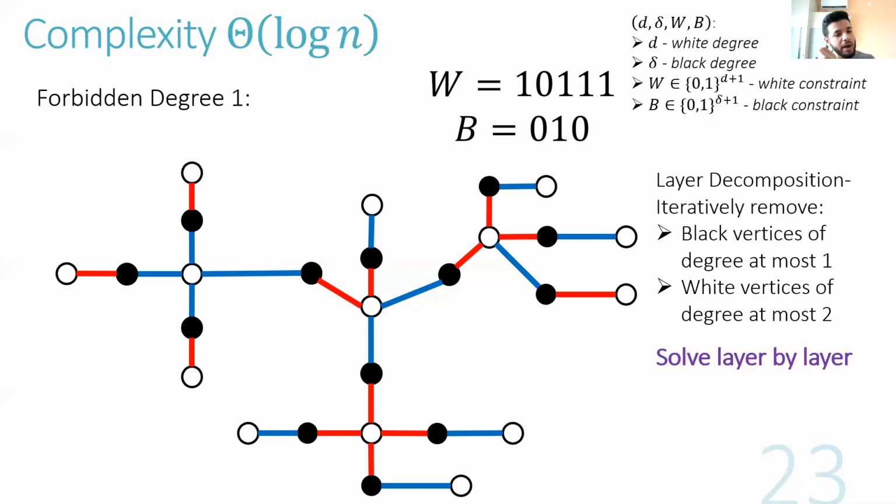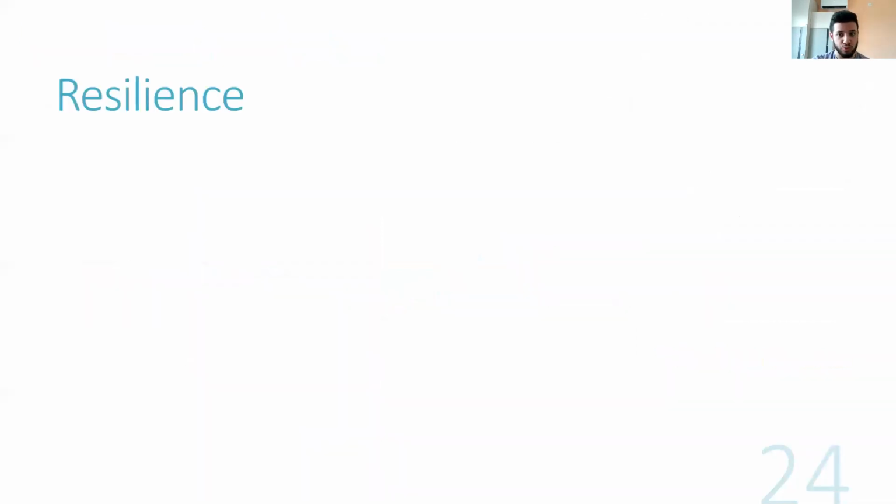And what I mentioned here is the ability of white or black nodes to complete a partial labeling to a full feasible labeling of the radius 1 output neighborhood. We call this property resilience. And it is actually, we prove this, very easy to check if you just look at the string that defines the binary labeling problem.